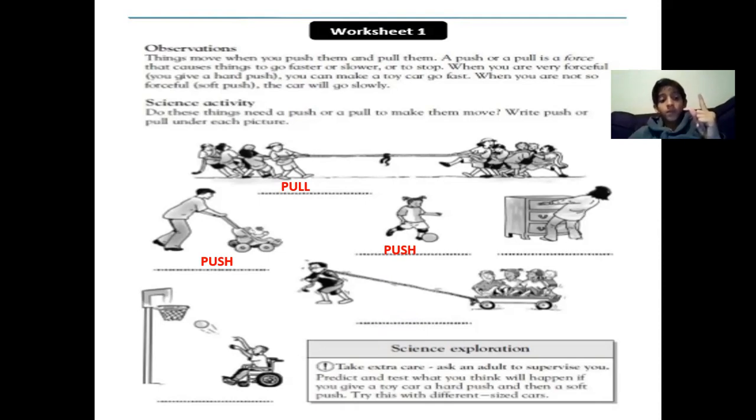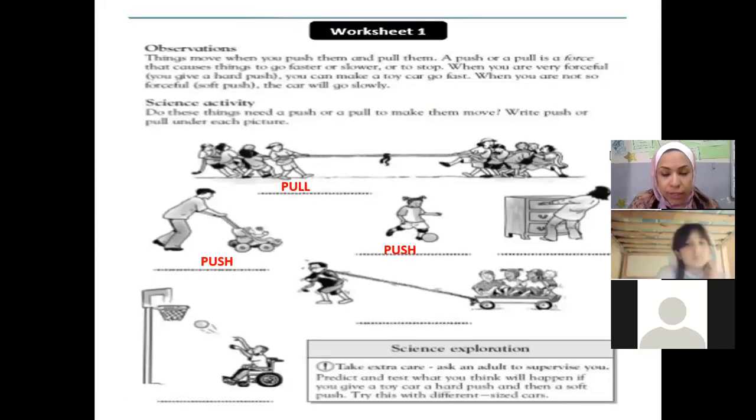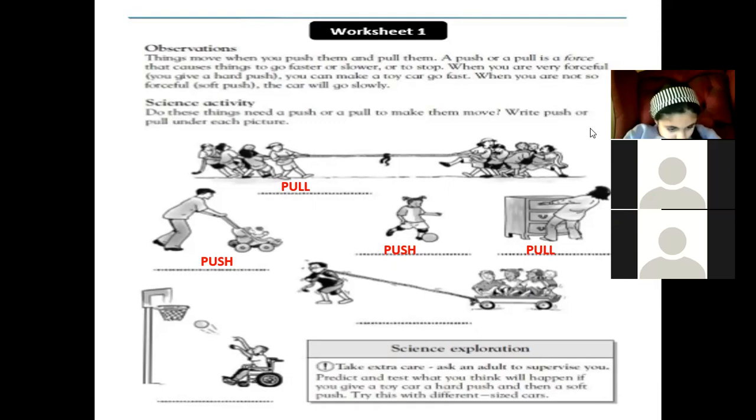Yeah, Hamza, the next girl who's opening the drawer. Unmute your mic. She's pulling. Yes, she's applying a pulling force. All right. Okay, let me take Mira. What do you think, Mira? The boy that is trying to put the ball in the net. He's pushing it. Yes, he's pushing the ball to be able to put it inside the net.